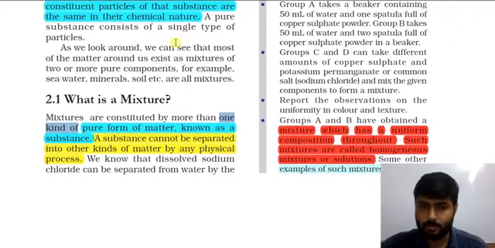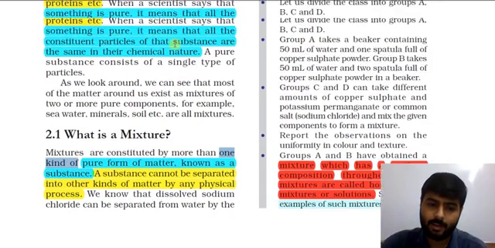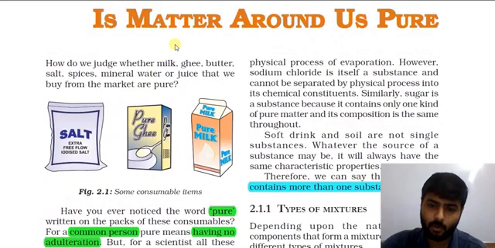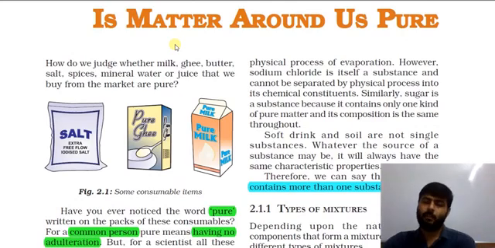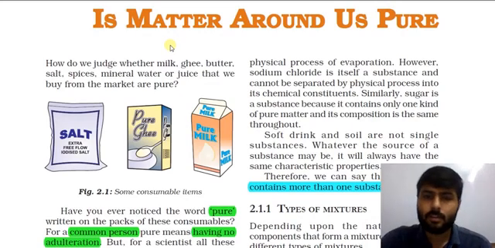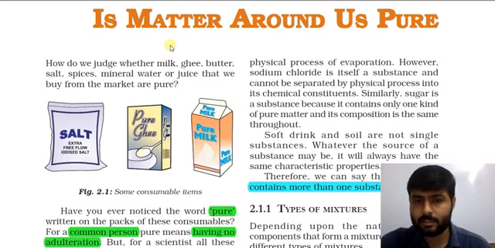Sodium chloride is basically the salt we use in our food preparation, and a mixture of this sodium chloride with water we can separate by evaporation. You might have seen the making of salt, that is the process of evaporation.